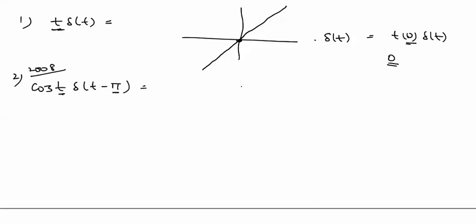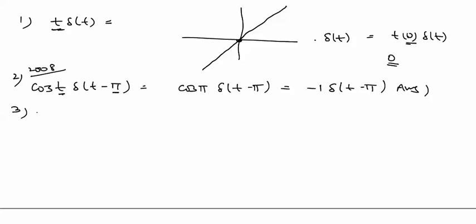By putting this impulse location into the signal, we get cos pi del t minus pi. Cos pi is minus 1, so minus del t minus pi is our final answer. Very simple question.